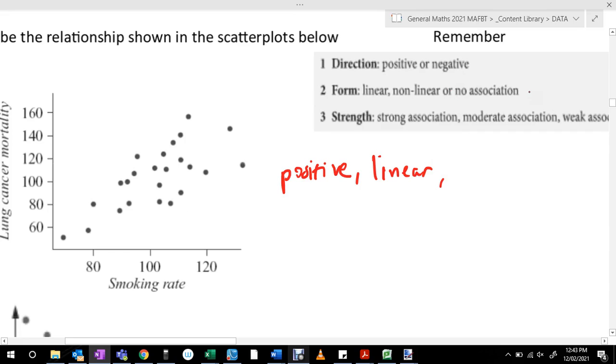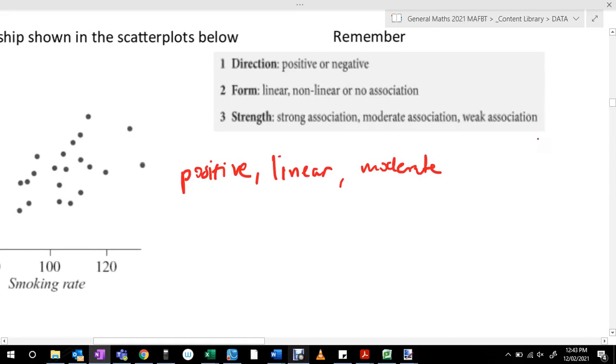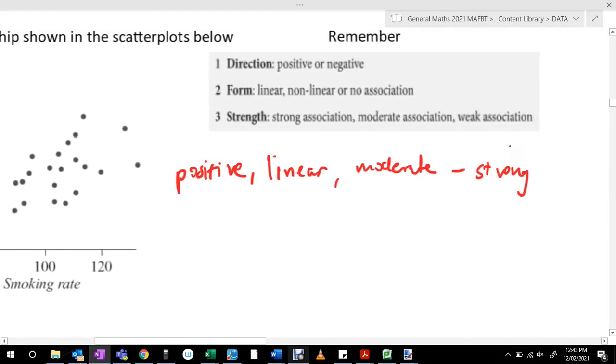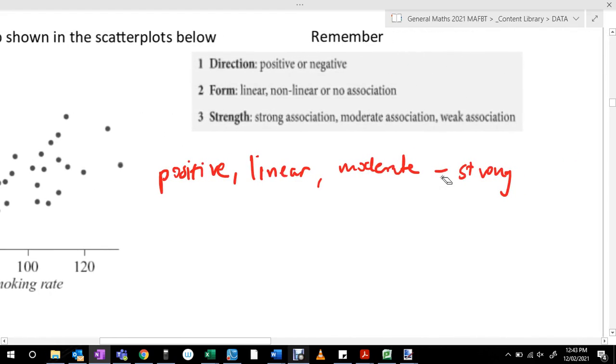I would say that's moderate to strong, but I would highly recommend that you just pick one. I would say it's more moderate than strong, so I'm just going to stick to moderate. Moderate association.